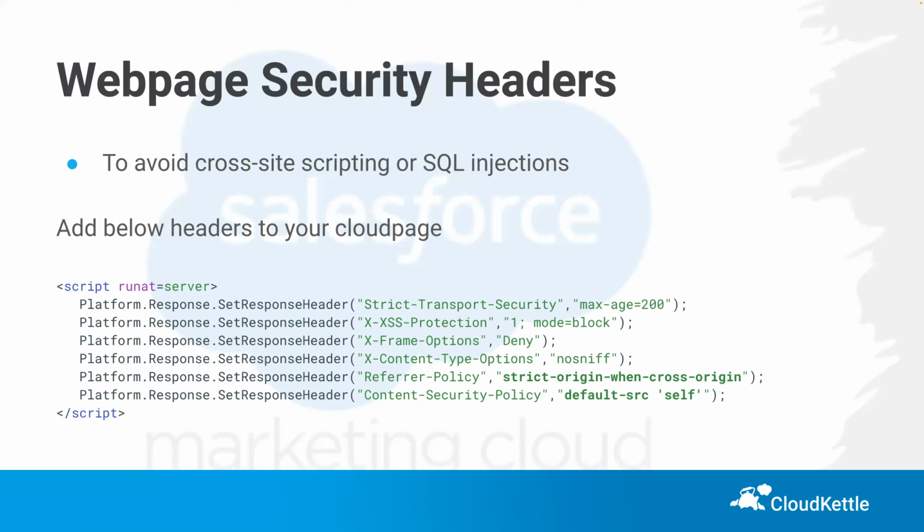By secure, I mean a different entity that stays in a different domain would not be able to access your resource. So if you are hosting an HTML page or JavaScript, and a different web page or application is trying to access it from a different domain, they won't be able to do it because of the strict origin, the referrer policy or cross-origin policy.